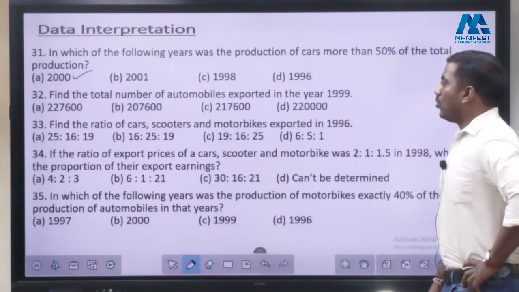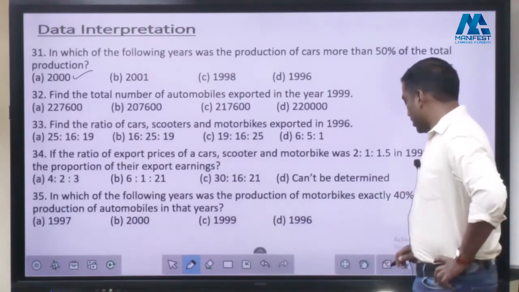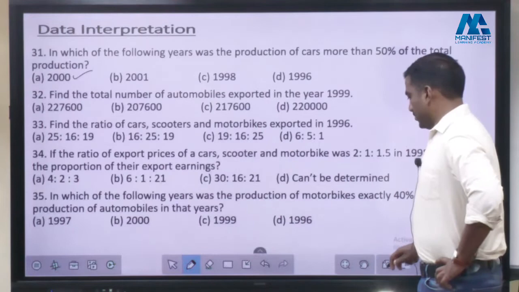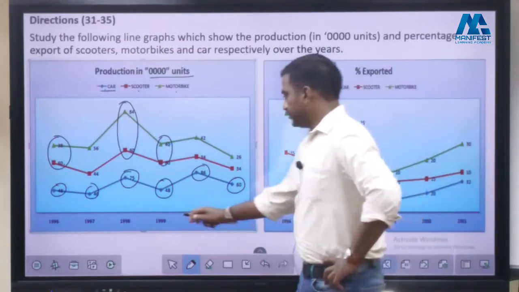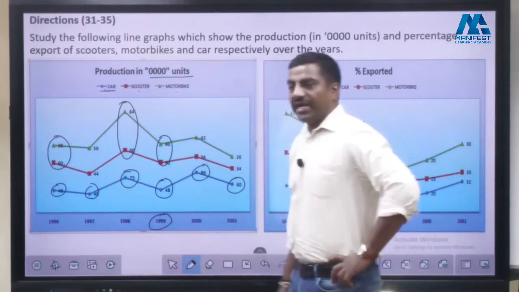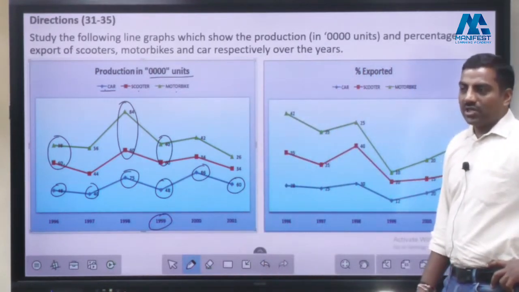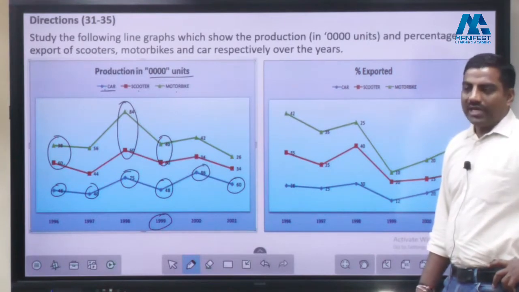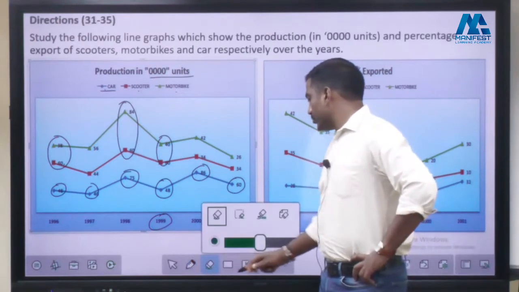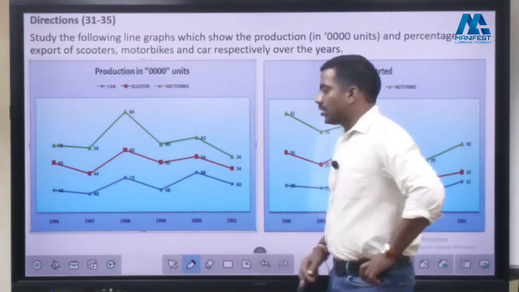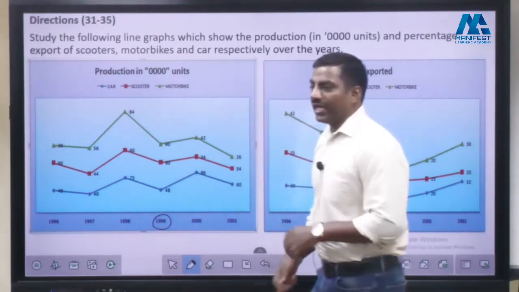Find the number of automobiles exported in the year 1999. Take the year 1999 and how do you get the exported number of vehicles? They are asking vehicles or cars? All vehicles, no? How do you do that?